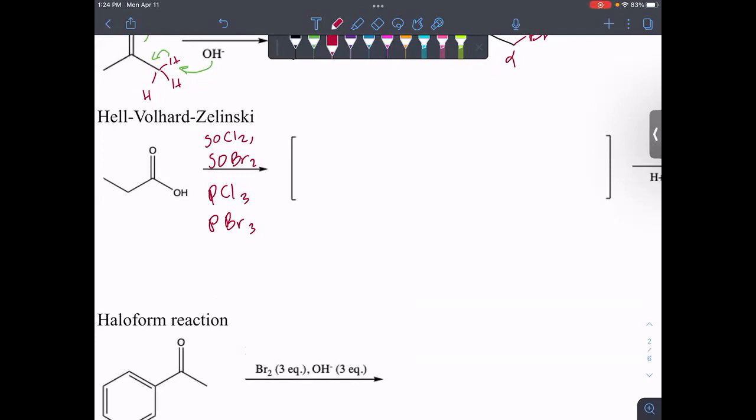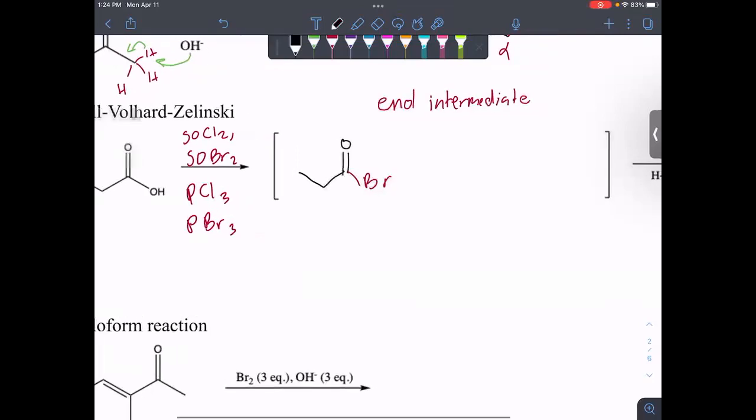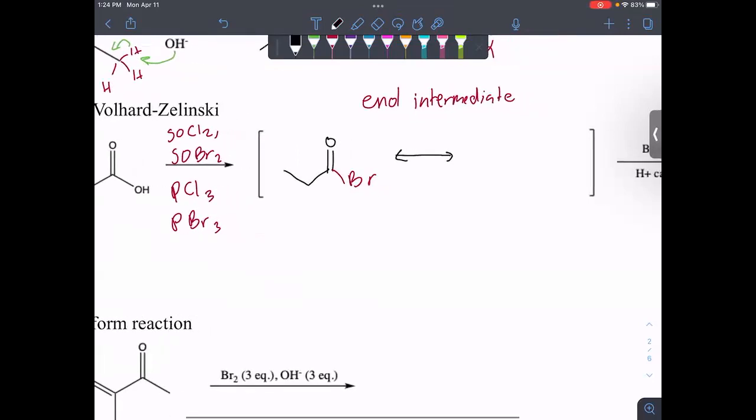So now we have our enol intermediate, which is just the acyl halide. This acyl halide does switch between keto and enol, so the alpha carbon does have a negative charge on it, which makes it reactive.